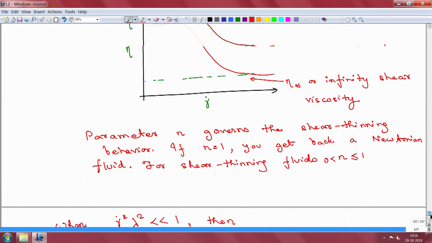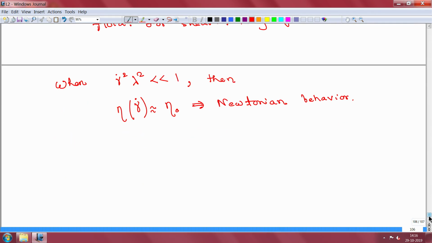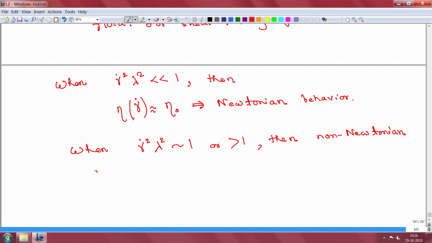Then you have a region where this term will start to become comparable to 1, and that is where you will start to have appreciable shear thinning behavior. So, when it is of the order of 1 or greater than 1, then non-Newtonian or shear thinning behavior is seen.